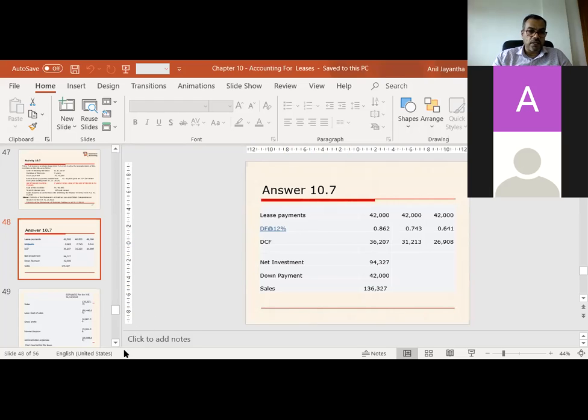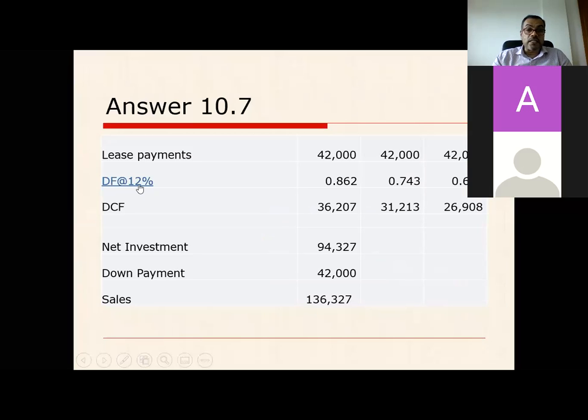You better make the changes there. It should be 16%, right? 16%. So if it were 12%, the discount factor is 0.89 something.